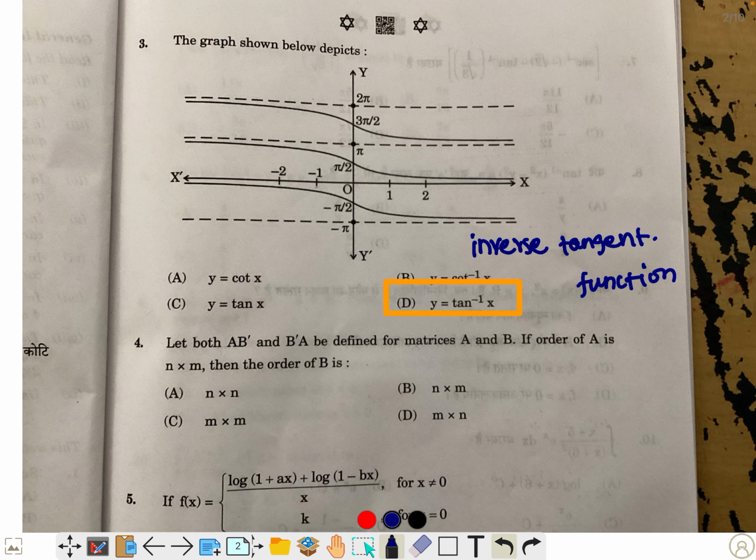Next, fourth question, that is very easy. Matrices AB dash and B dash A are defined for the matrices A and B. If the order of A is n cross m, then what is the order of B?